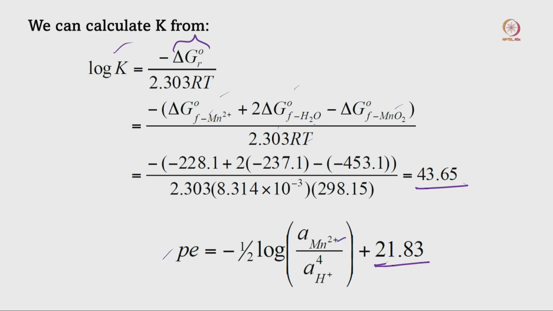So, now you just have to know what is the pH of the solution, and you need to know how much is the manganese 2 plus concentration. If you know these two values, you can easily find out what is the pe of the solution.